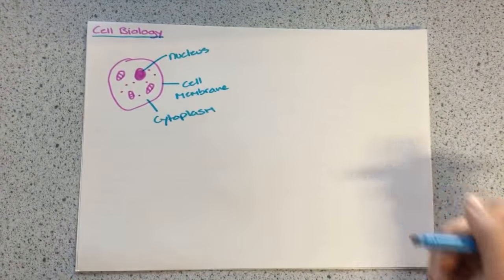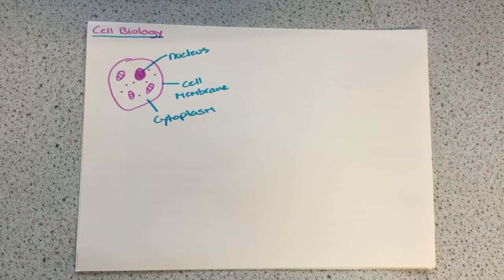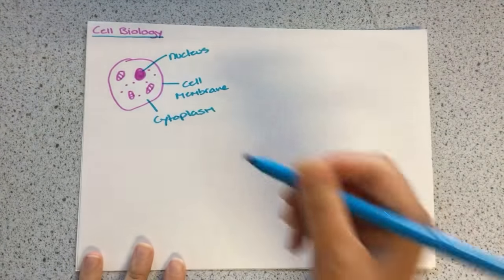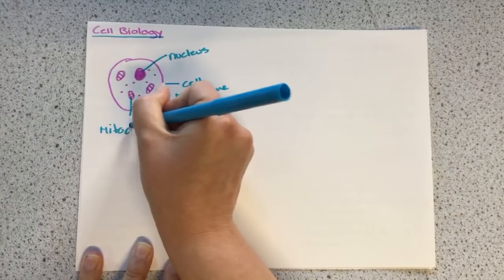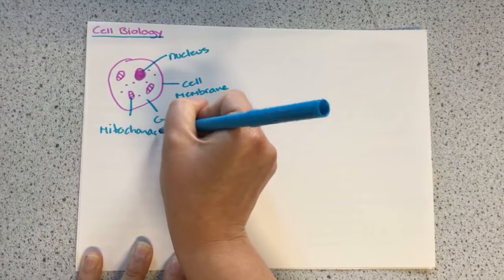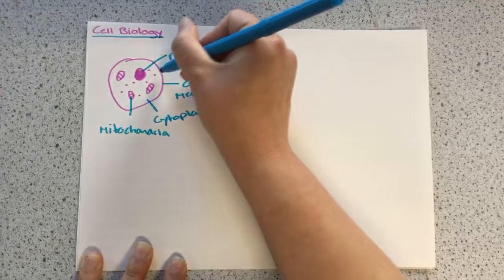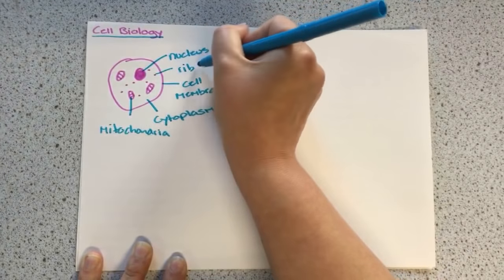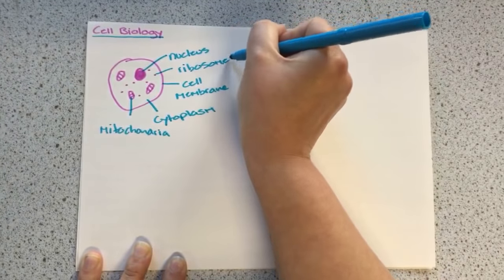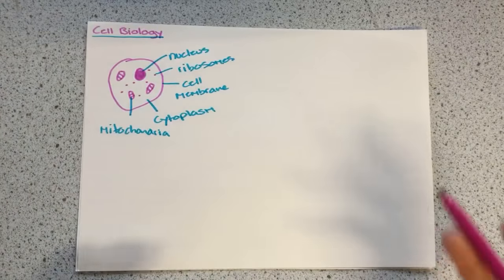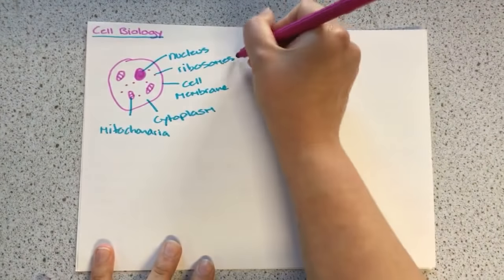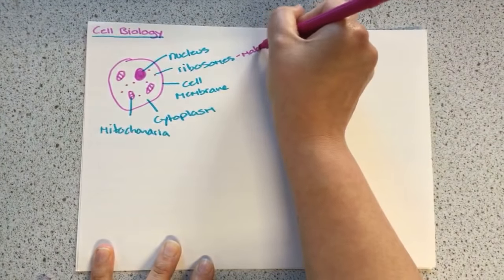And the last two, which if you are doing a higher paper are guaranteed the ones that you will be asked about, you have got these, mitochondria. I've not left myself very much room. And the other one, the little dots, are your ribosomes. I'm not going to go through the functions of every single one because we're very limited on time. However, the two that you probably will be asked about, you need to know. So ribosomes make protein.